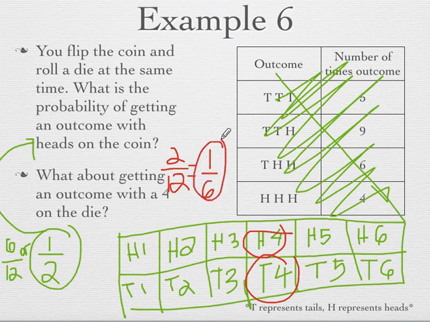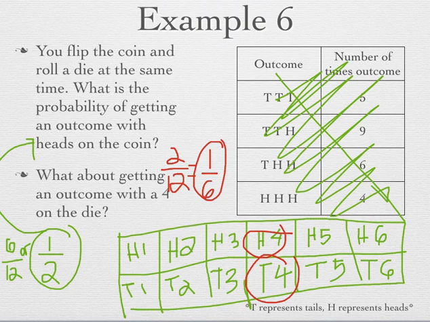Follow-up question. What is the probability of getting a number less than 3, for example? A number less than 3 is 1 and 2. I'm going to shade it this time.